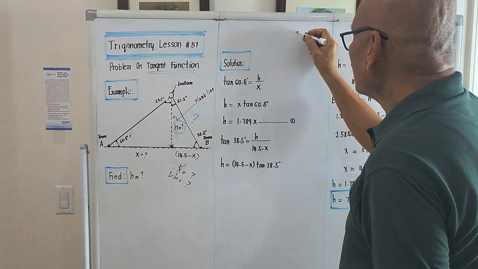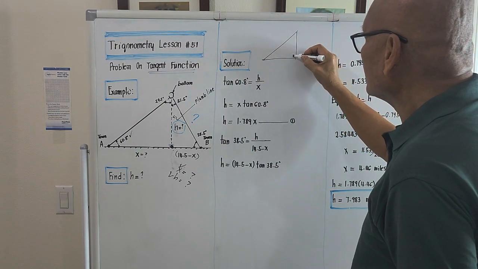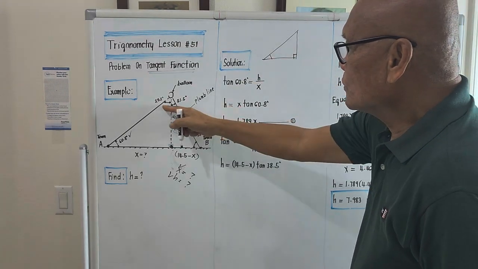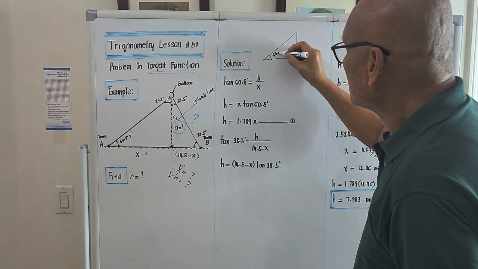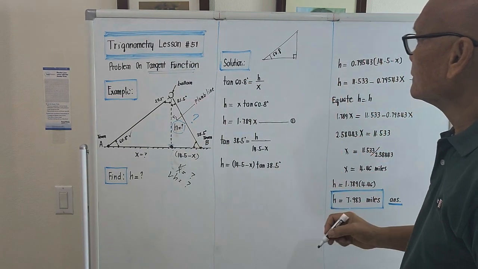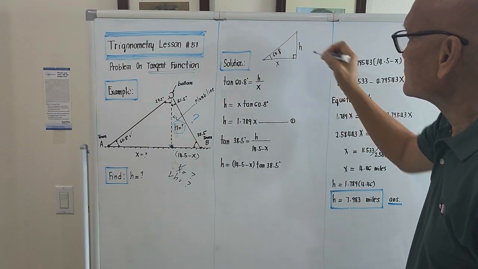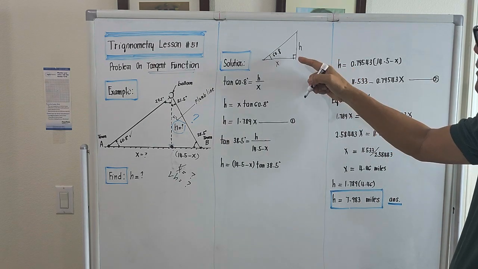So actually, we now have a right triangle. This is the 90 degrees. If this is 29.2, this will become 60.8. This is x and this is h. It's a right triangle, and this is a 90-degree angle.